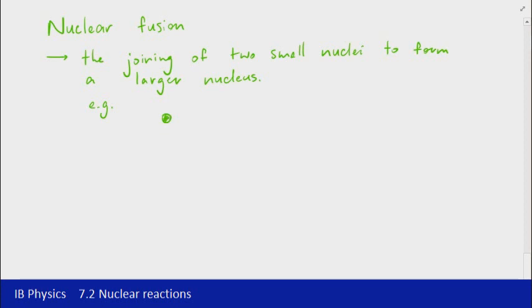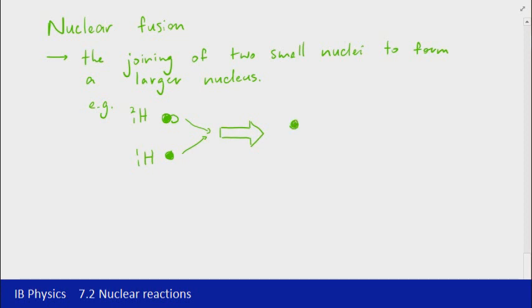As an example, imagine that we have this nucleus of hydrogen 2, so that would be 2/1 H, and we're going to fuse that with a hydrogen 1, otherwise known as a proton. Both of those are going to be smashed together, and out of that we'll get a different product that is a combination of those two nuclei.